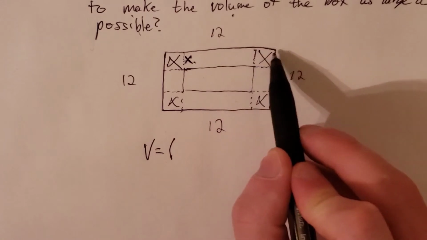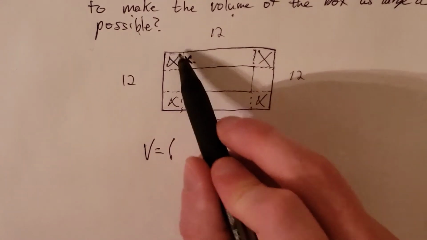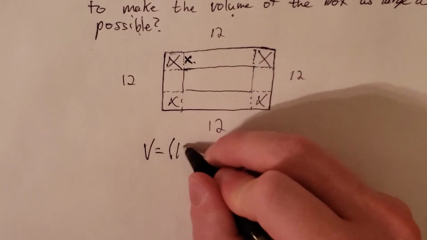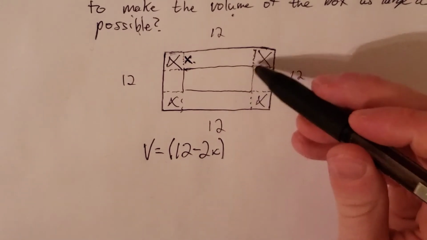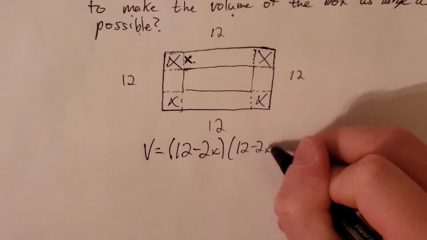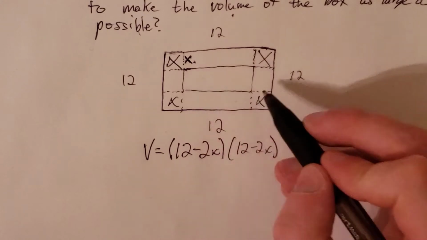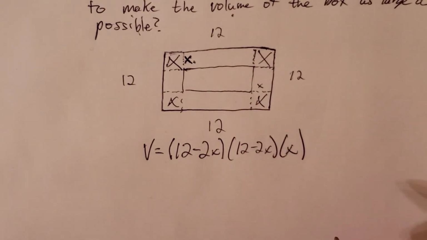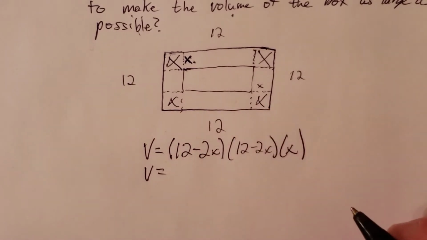Our length is a total of 12 minus the piece here and minus the piece here. Each of those distances is x, so this is 12 minus 2x. The width is the same thing, 12 minus 2x. And when you fold up these pieces, the height of the box will just be the value x. So this gives you the volume of the box in terms of the variable x.